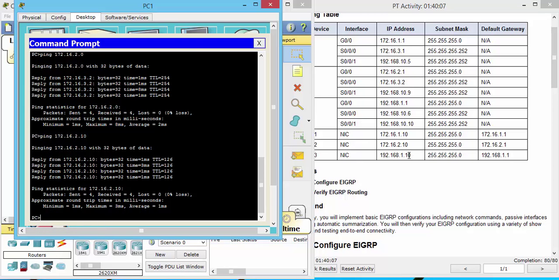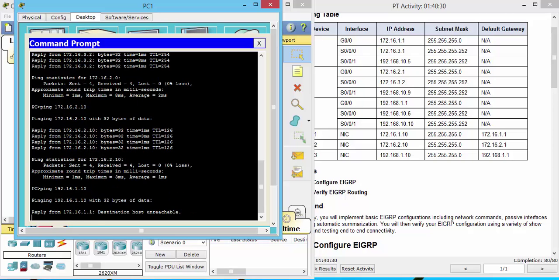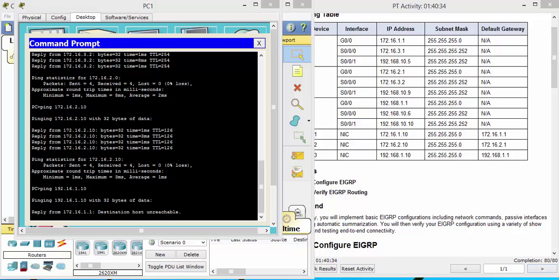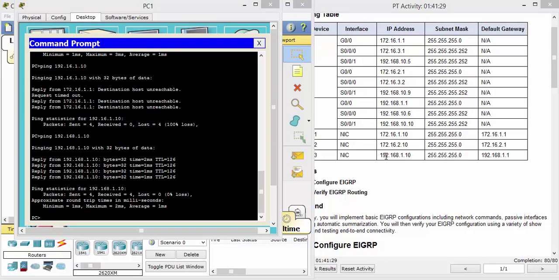Now we ping PC3, 192.168.1.10, from PC1.